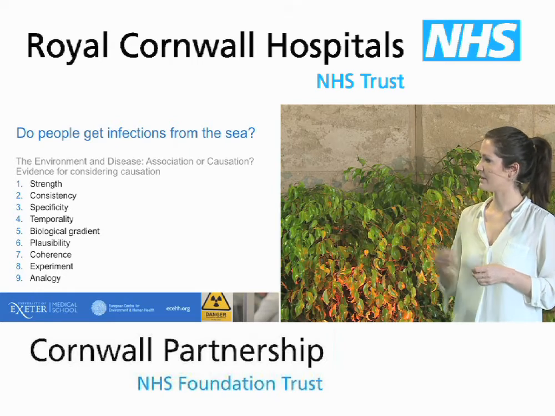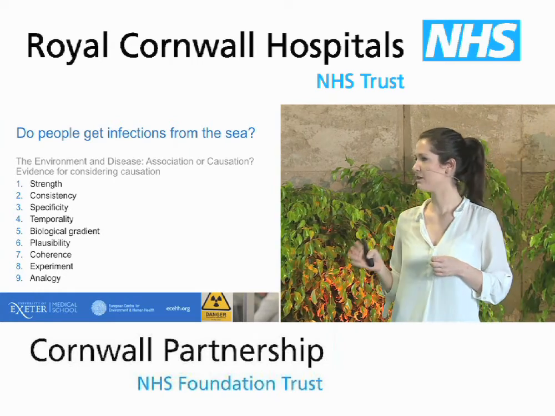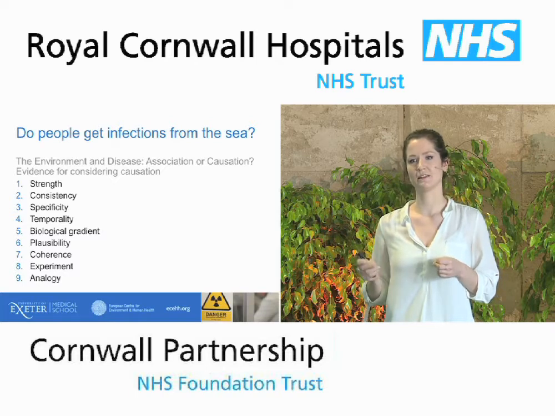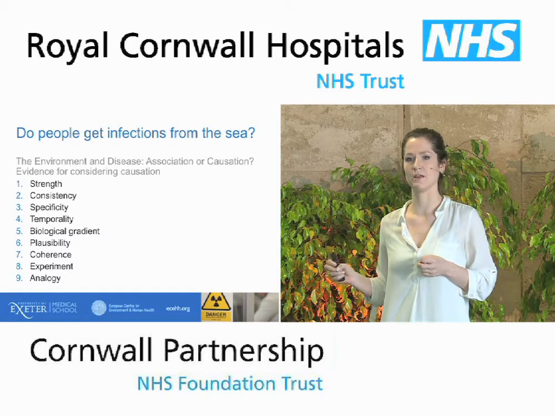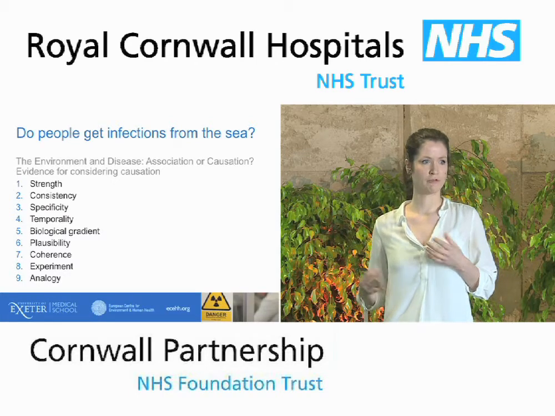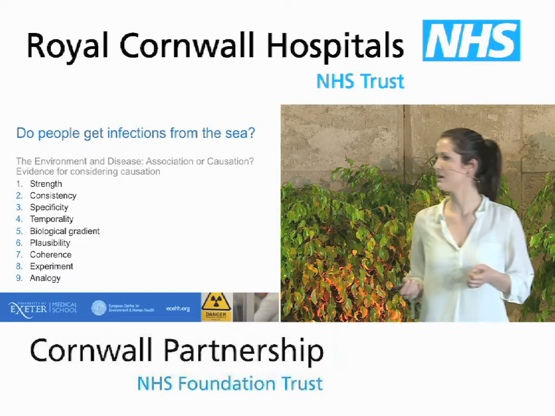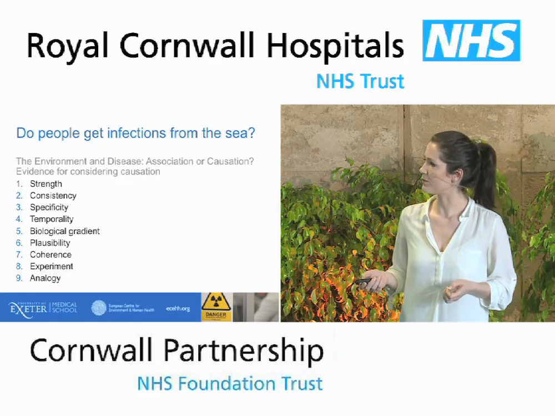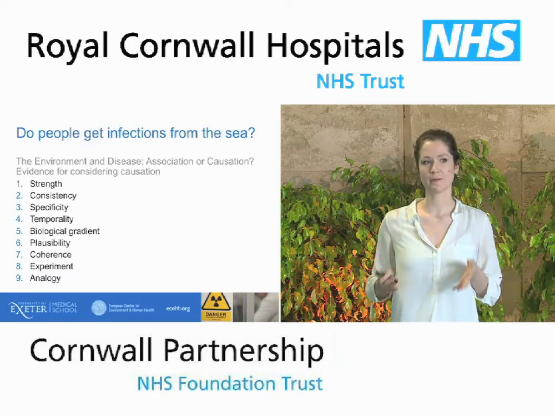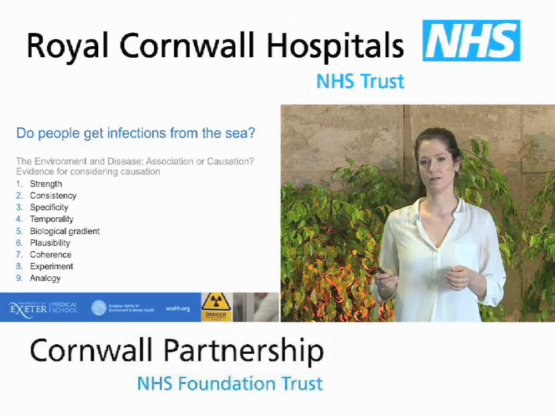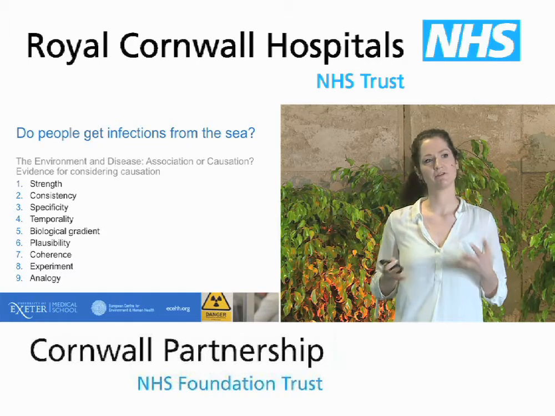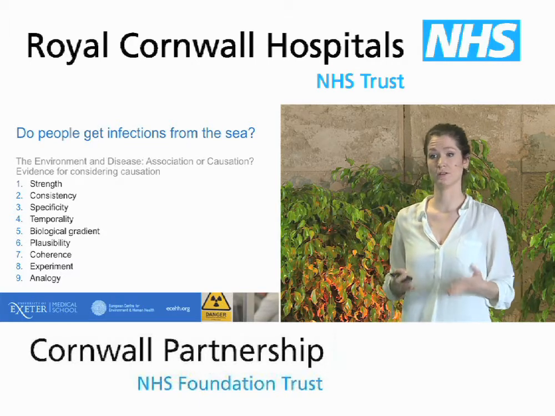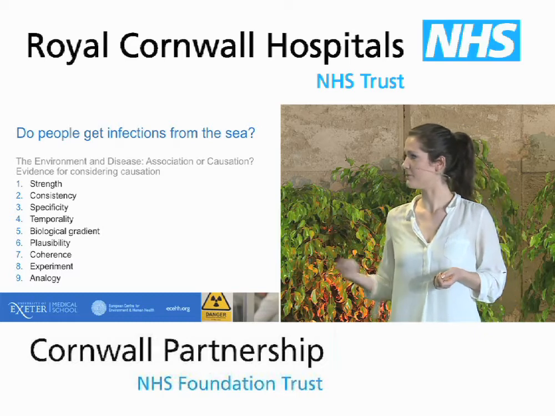So I've got these 9 points here, and I don't really call them criteria because it makes it sound as if each and every one of them has to be demonstrated in order to prove causality, but I think they need to be considered. If you're not familiar with these as environmental epidemiologists, these are the Bradford Hill concepts for demonstrating causality, and I'll just go through them.